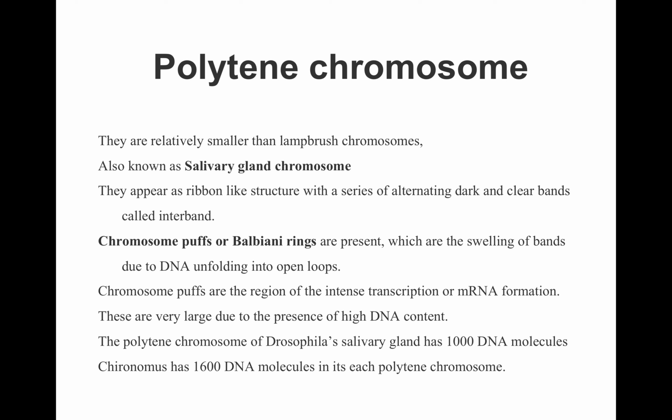The polytene chromosome of Drosophila salivary gland has 1000 DNA molecules, while Chironomus has 1600 DNA molecules in each polytene chromosome. I will discuss its structure, history and occurrence in next slides.